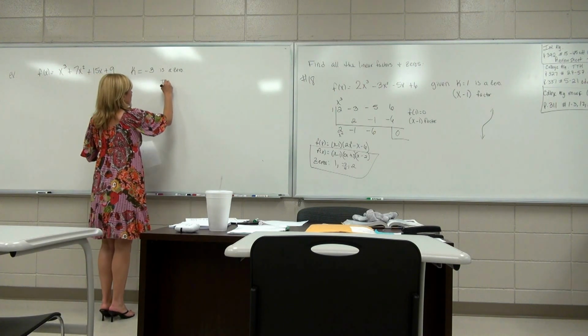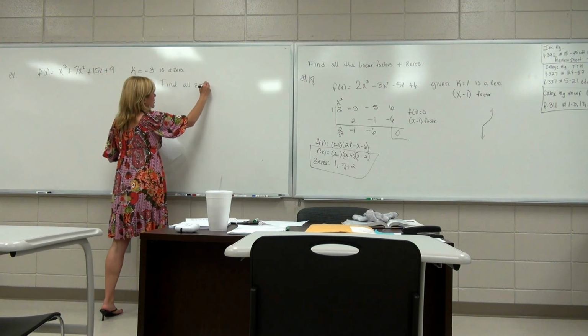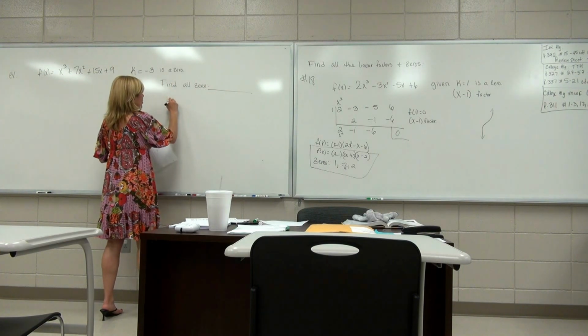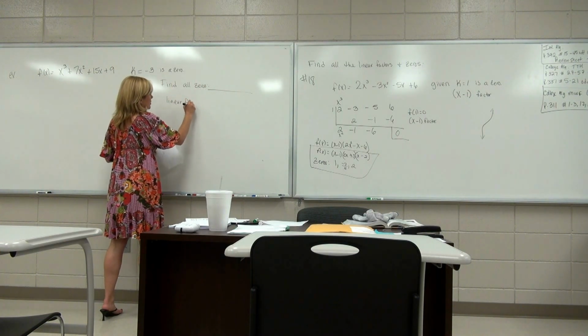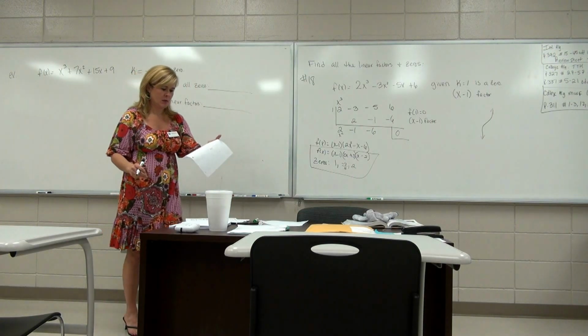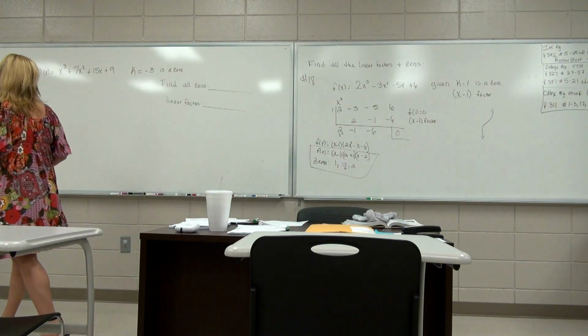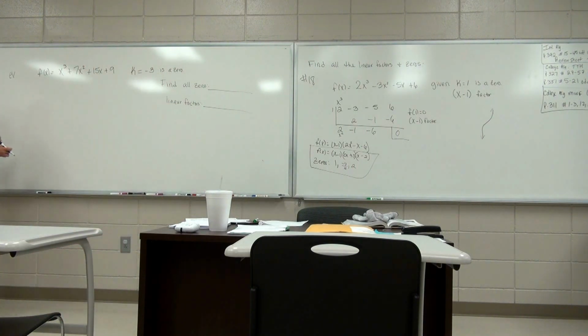You're going to want to find all zeros, and you're also going to want to list your linear factors. Normally this would be written the other way, factors first. So basically I need to do my synthetic division once to get this down to an x squared that I can solve by factoring.